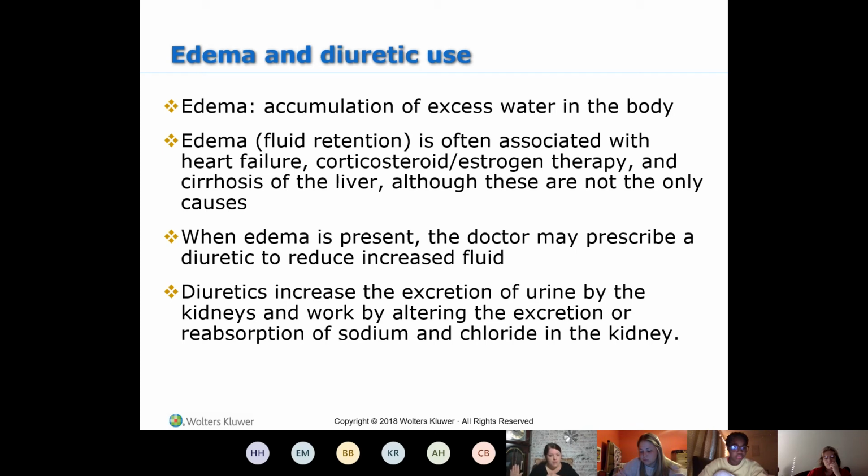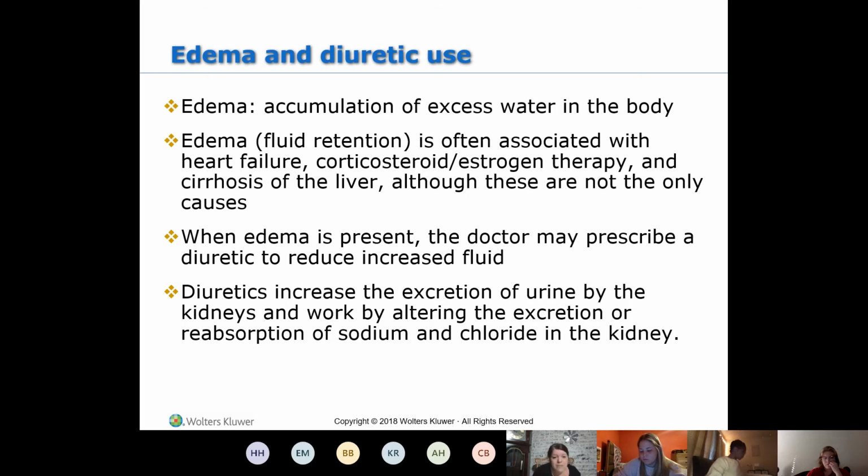We're all on the same page right now, correct? So right now what we're going to talk about is how diuretics trigger the body to do something different. How do they trigger the body to pee more? How do they trigger the body to get rid of excess sodium and chloride? And sometimes they tell them to hang on and then you still pee. So those are the different types of diuretics that we're talking about.